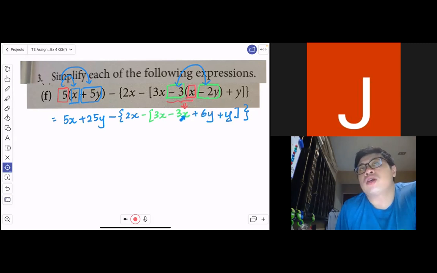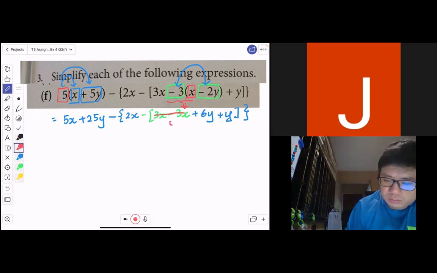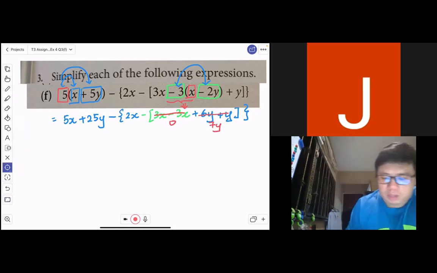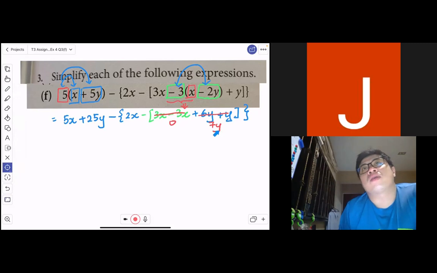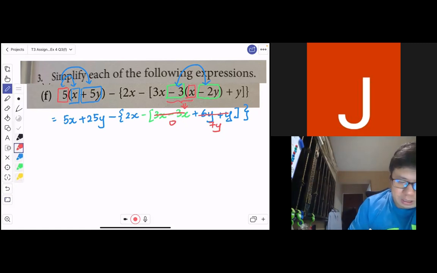So 3x minus 3x can be simplified. This is just 0. 6y plus y, this is just 7y. So you can see that I don't even need to do any bracket. The bracket doesn't even affect me, right? Before you left the house, these terms are already tidied up as 7y. So with that, I'm just writing my 5x.